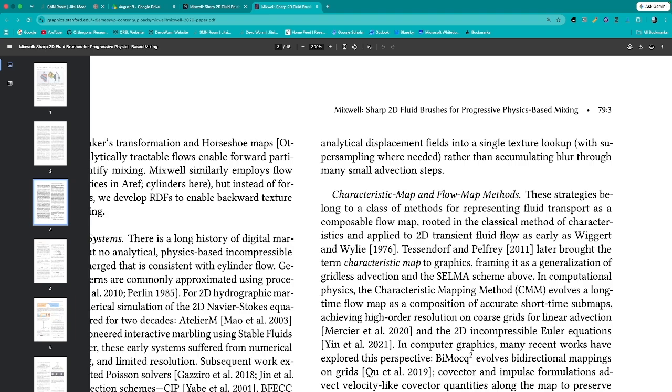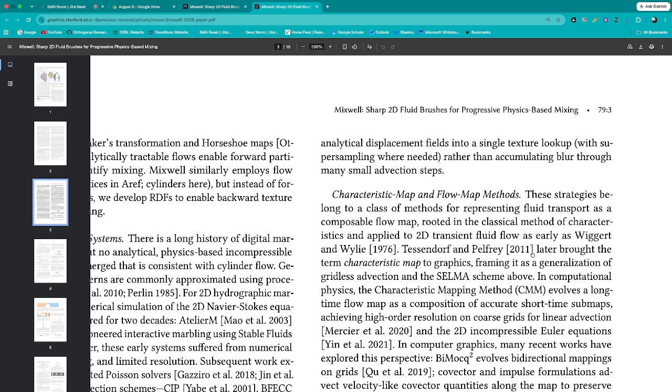And so we're trying to create these different types of flow maps and other things that can approximate patterns we find in nature. So these strategies belong to a class of methods for representing fluid transport as a composable flow map, rooted in the classical method of characteristics and applied to a 2D transient fluid flow as early as Weigert and Wiley, which is in 1976.